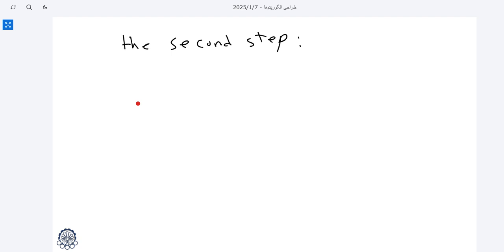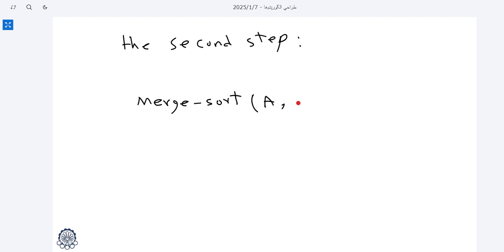Let's call our algorithm merge sort. I named it merge sort. Suppose the name of our algorithm is merge sort. So we call our algorithm recursively for the first and the second part.